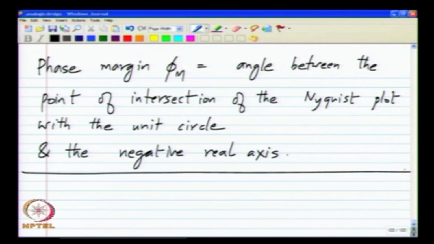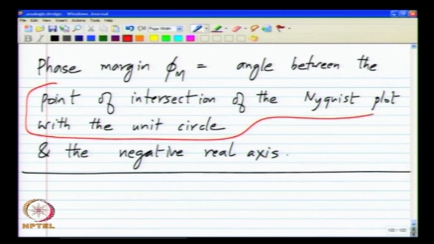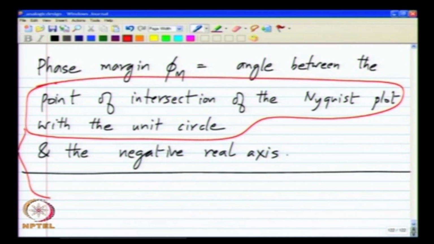Now, what does it mean to say that the Nyquist plot intersects the unit circle? This basically means that the magnitude of L is unity, right. By definition, that is what it means.